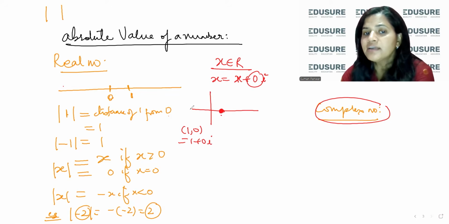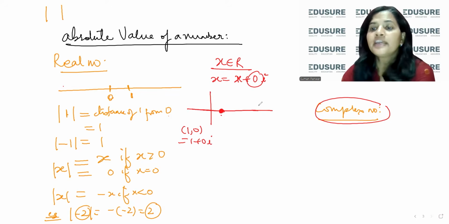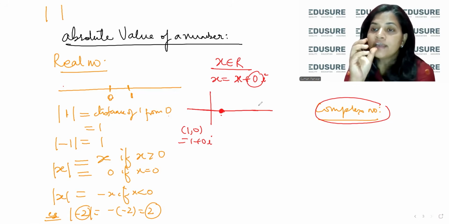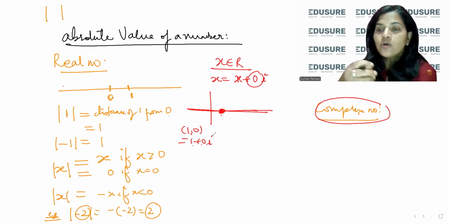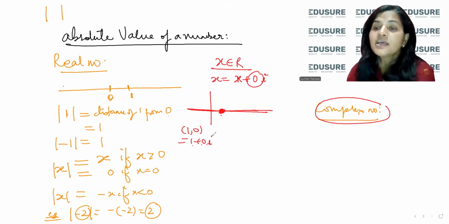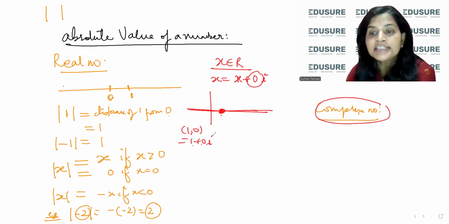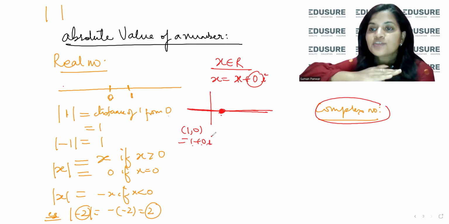So this is nothing but the number line. If I look at it in a one-dimensional setup, this is a point. Okay, but if I look at it in 2D, then this is the complex number 1 plus 0i. So complex numbers are extensions of real numbers. So real numbers are subsets of complex numbers whose imaginary part is 0. So they are lying on the real axis only.